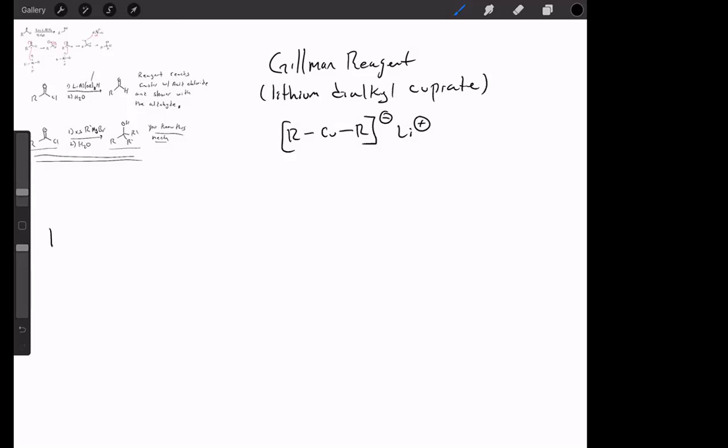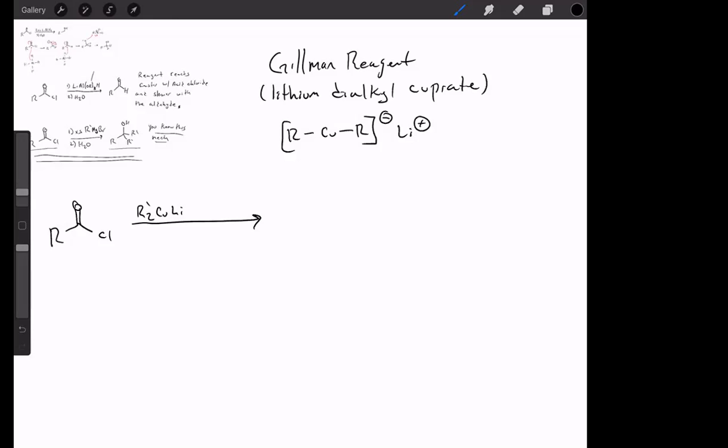If you were taking this course with a professor that used McMurry, McMurry loves the Gilman reagent, and Gilman is everywhere in the McMurry book.